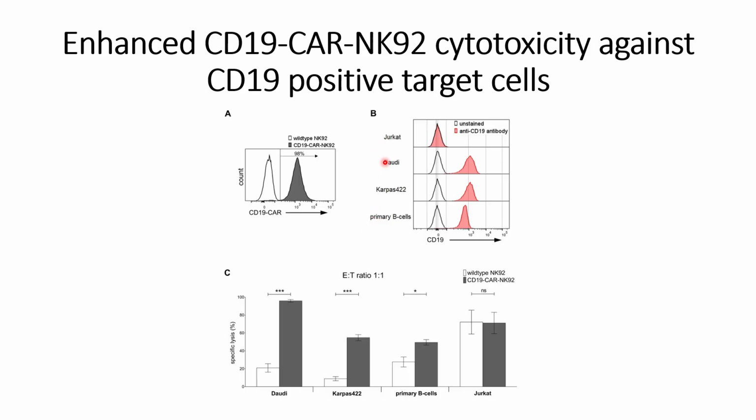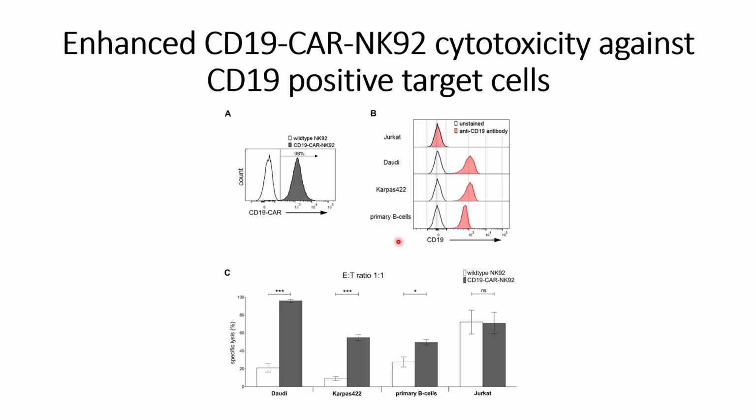Except Jurkat cells, CD19 expression is found in all the other target cells, that is Daudi cells, Karpas 422, and primary B cells. But Jurkat cells do not have CD19 expression, or they are CD19 negative cells.